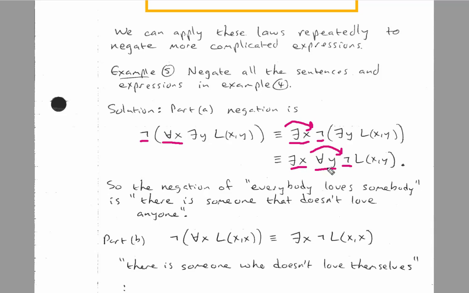So for all people, including themselves, x does not love y. Okay, so you can see that's the negation. Everybody loves somebody. Well, the opposite of that is that there is someone who doesn't love anyone.